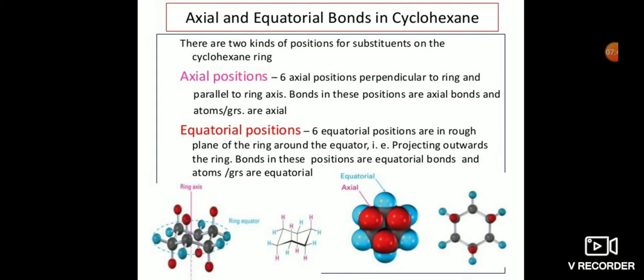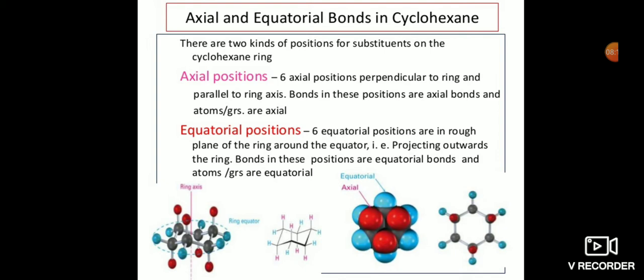Axial bonds are parallel to the ring axis and perpendicular to the ring, and equatorial bonds project outside the ring. So you can see these equatorial and axial positions, and in cyclohexane we have 6 axial hydrogens and 6 equatorial hydrogens. In this first structure all red balls are axial hydrogens and blue balls show equatorial hydrogens.